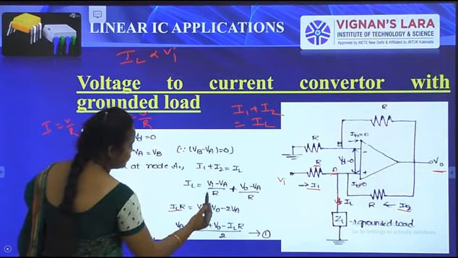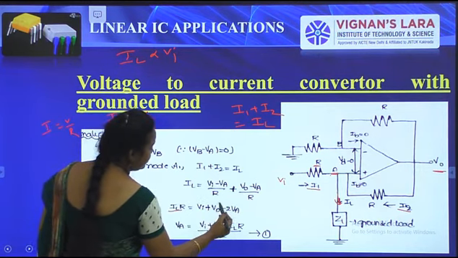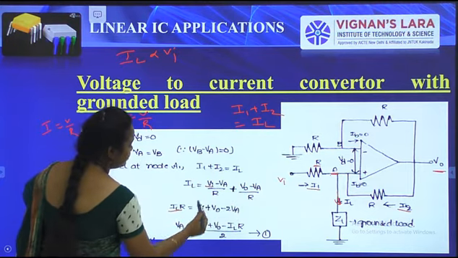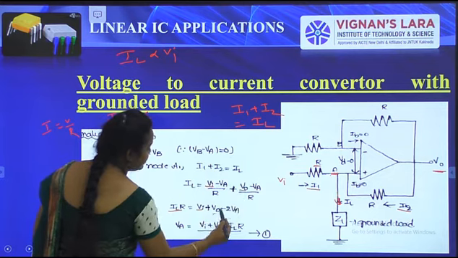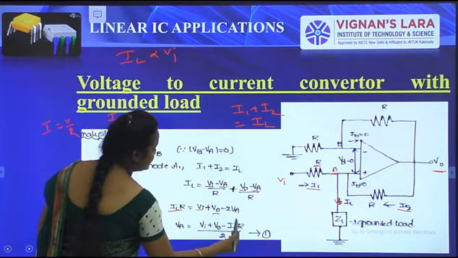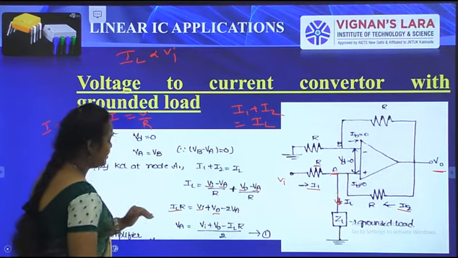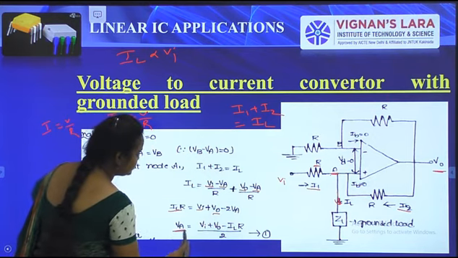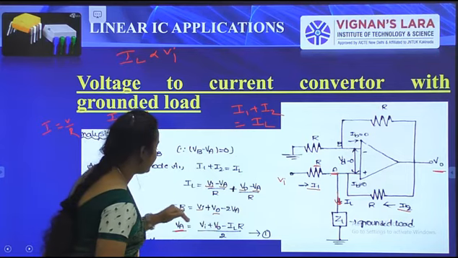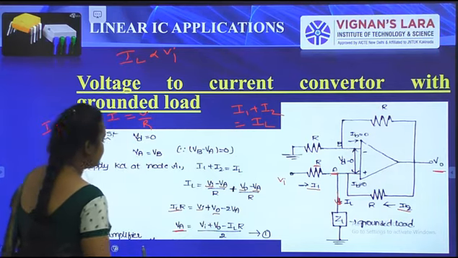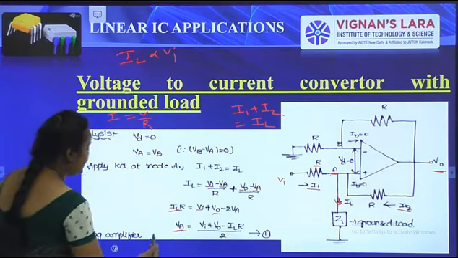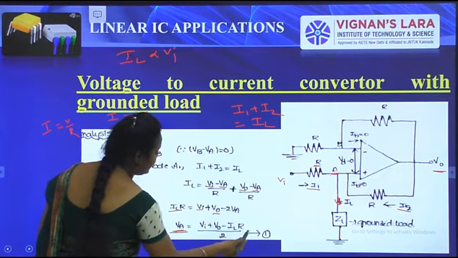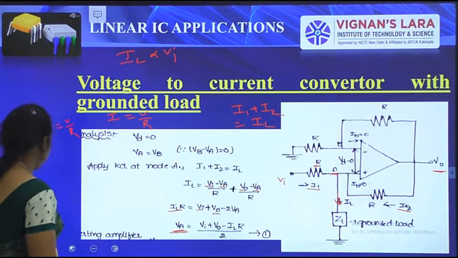IL R is equal to VI plus V0 minus 2VA. We want the VA term on this side, so VA is equal to VI plus V0 minus IL R by 2. So this is the first equation.